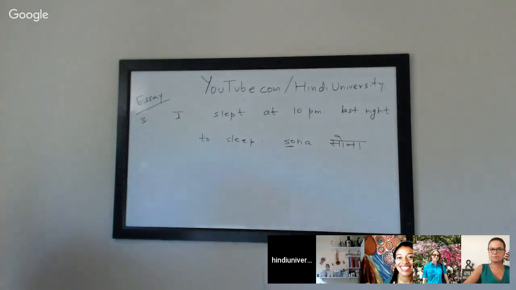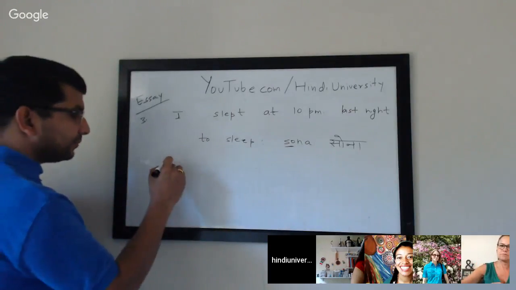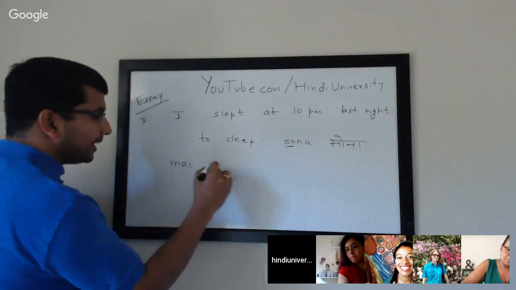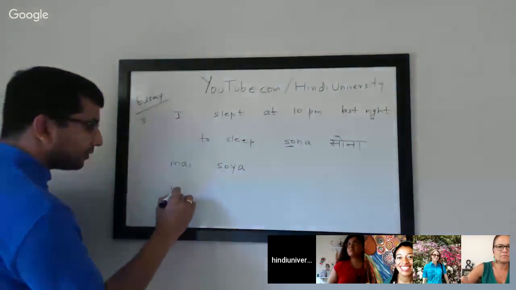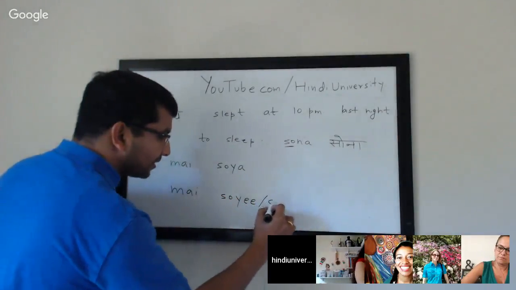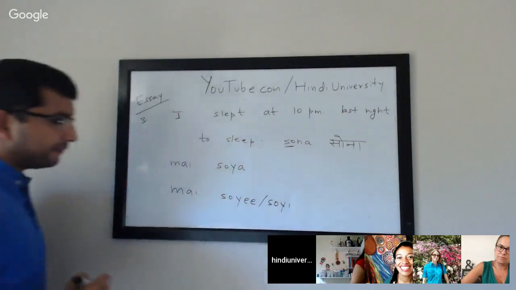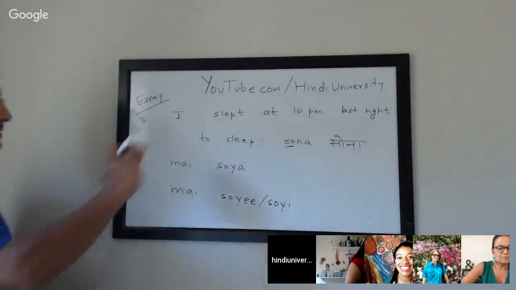Very good, right? So last night, right? If it is very simple, you will say मैं सोया for a masculine singular, or मैं सोई for a feminine singular. Okay, if you want to keep it very, very simple. I slept.